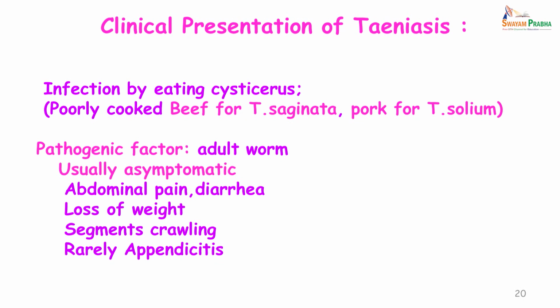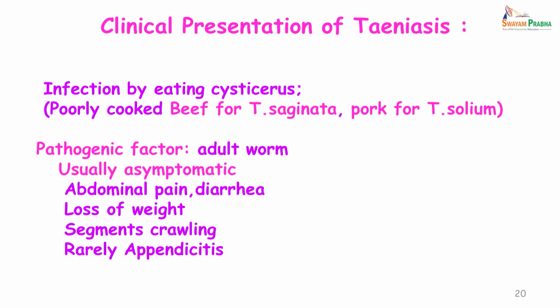Infection is by eating cysticercus or cysticerci, which may be present either in the muscle of poorly cooked beef or pork, depending upon the species of the worm. And this cysticercus then develops into an adult in the small intestine of man. Now, usually patients do not have any symptoms.